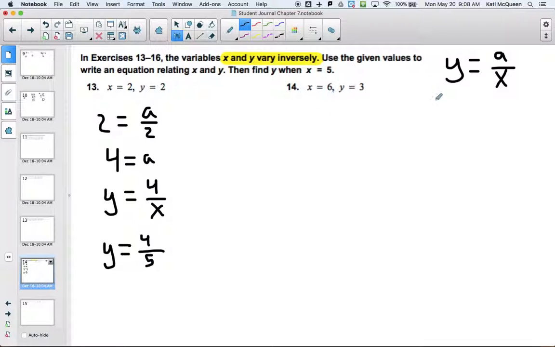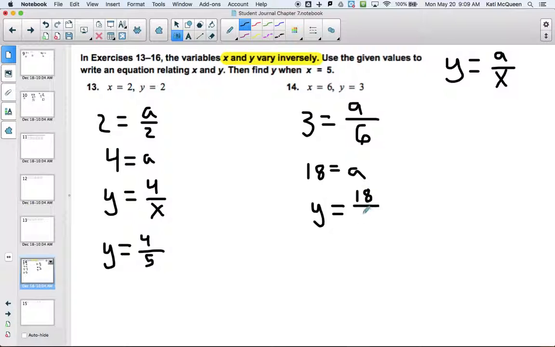All right, so again, I'm going to find a first here. So we know y is 3 when x is 6. So to get a by itself, I would multiply each side by 6. So we have a equals 18. So then to write my actual equation, I would have y equals 18 over x. So there's my equation.